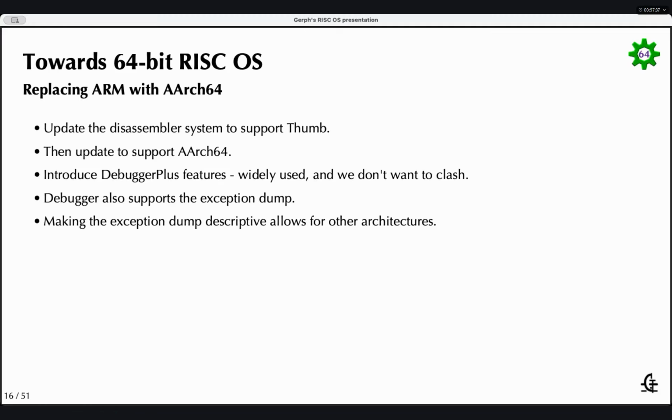At the same time, I extended the debugger module. I started adding in the SWIs from Debugger Plus. I'm not sure how many people know about Debugger Plus, but if you've used Zap, you've used it. It was created by Darren Salt, and the idea was to change the way in which the disassembly comes out so that it is more friendly to you. It gives you more information about things and so on.